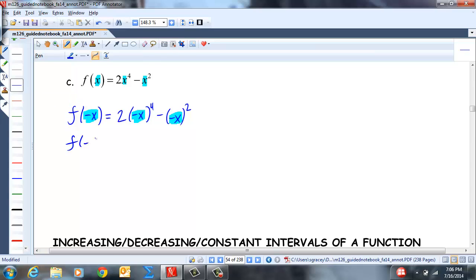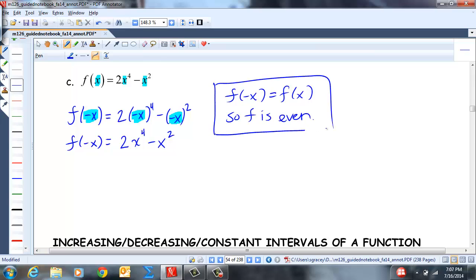So f at negative x is 2 times positive x to the fourth minus positive x squared, which is equal to f at x. So f at negative x equals f at x. So f is, great, even. And we're good to go.